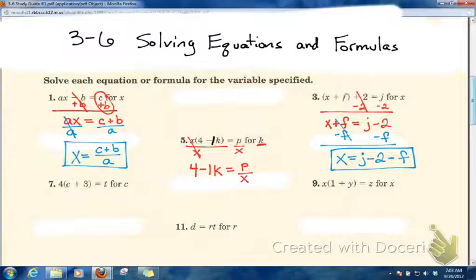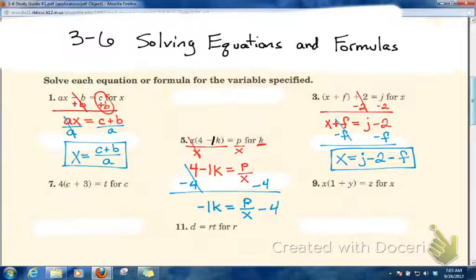So now, like we said before, you have a positive 4 being added to the left side here, so I'm going to subtract 4 on both sides to get rid of it. I now have my negative 1k equals p divided by x minus 4.